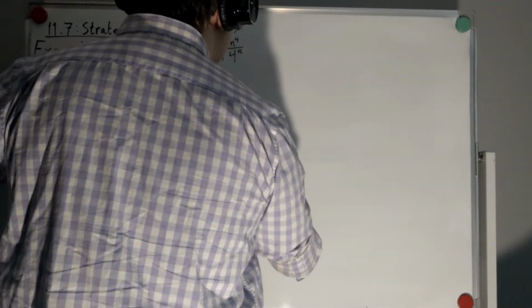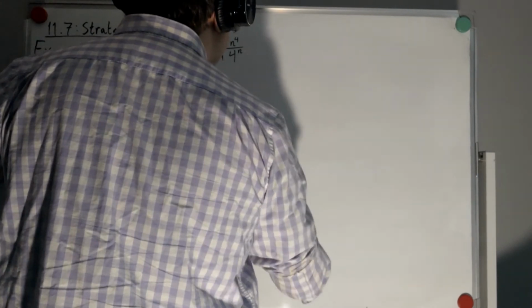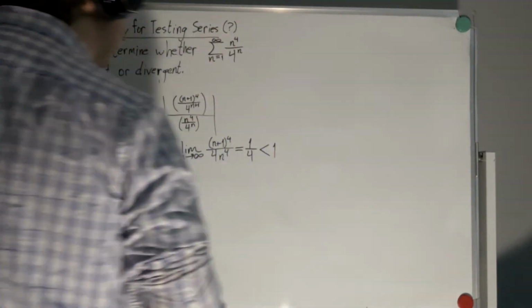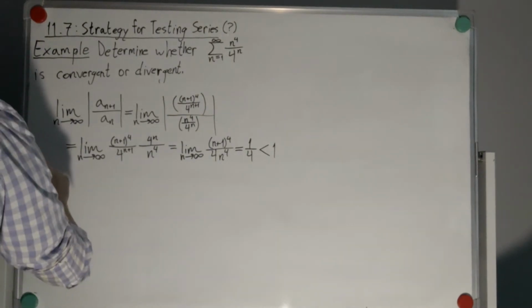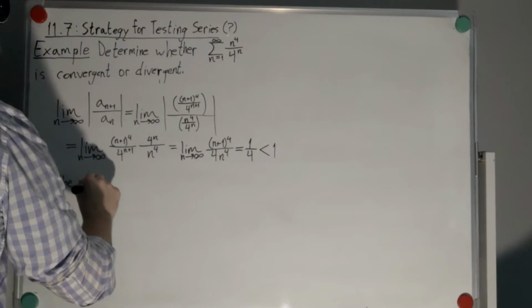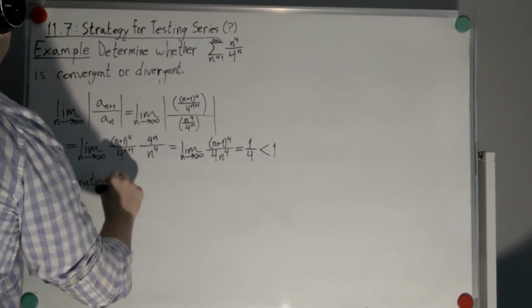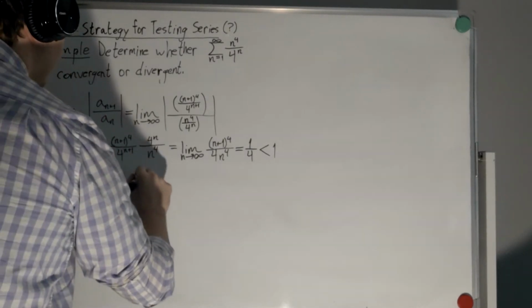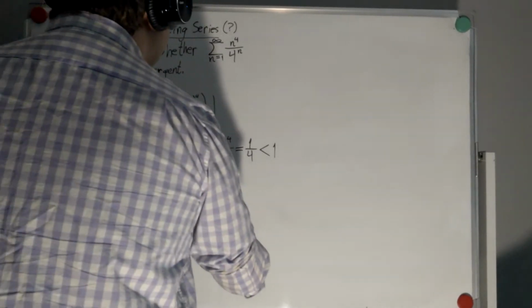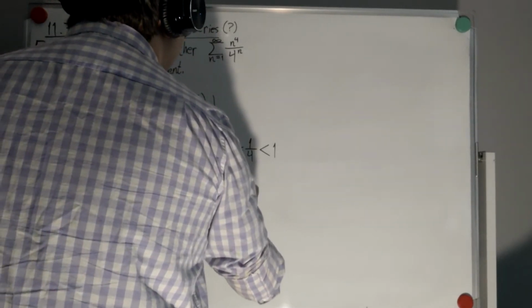The easiest way to see that is by dividing top and bottom by n to the fourth. And of course, 1/4 is less than 1. Therefore, by the ratio test, the series is absolutely convergent, which makes it convergent.